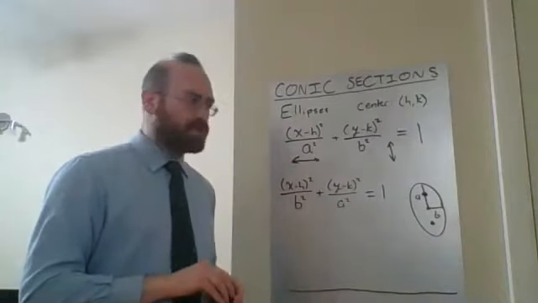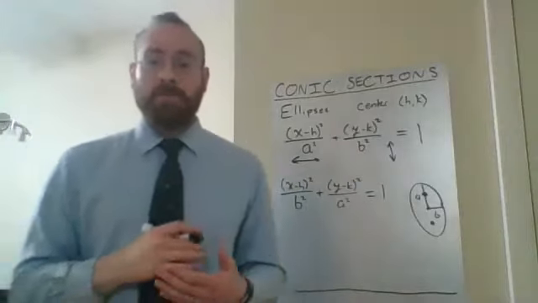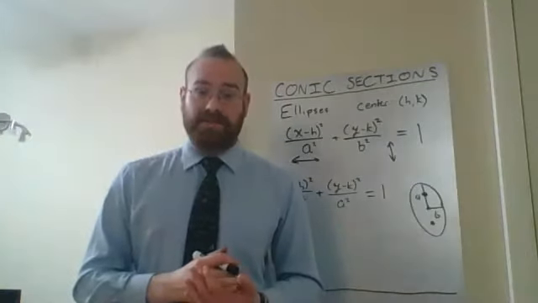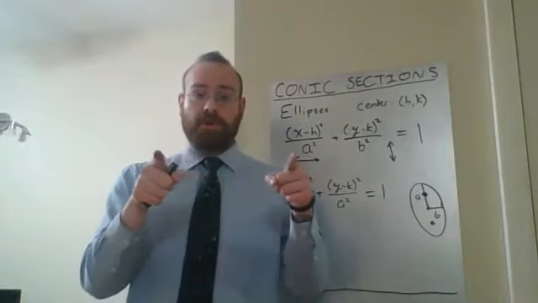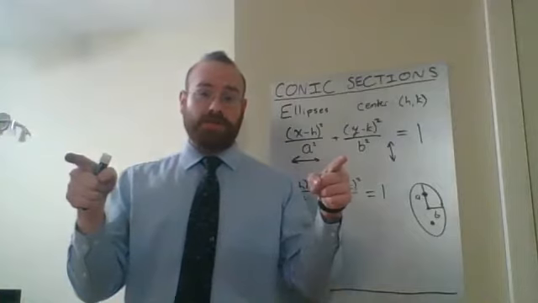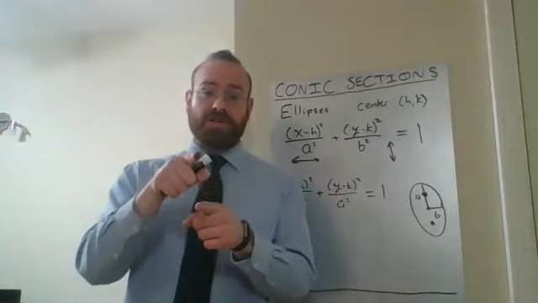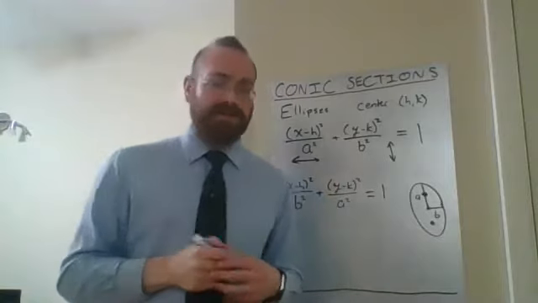If I failed to mention it earlier, the foci of an ellipse are always points on the major axis. So as we take our 2 foci and move them farther apart, we're stretching out the ellipse in that direction, or we could be stretching it up and down. So they're always along the major axis.